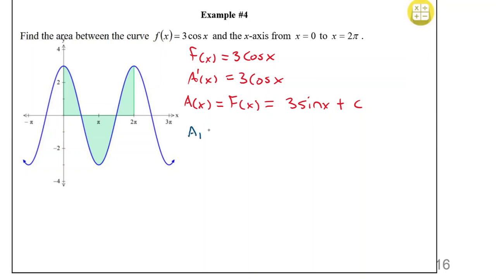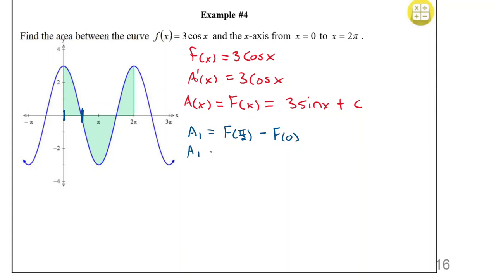So area 1 will be the antiderivative at pi over 2, so F of pi over 2 minus F of 0. Okay, so just the area from here to here.